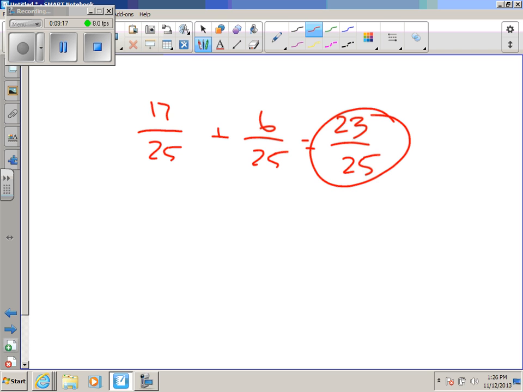The next one, 61 over 32 minus 47 over 32. Number 12.